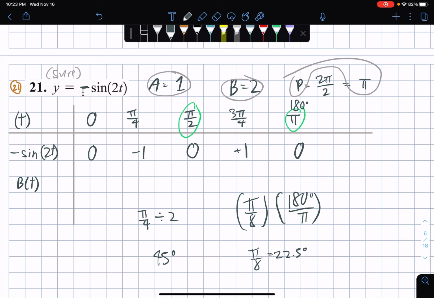Okay, I think it's starting to make sense. Pi over 4 divided by 2 is pi over 8.